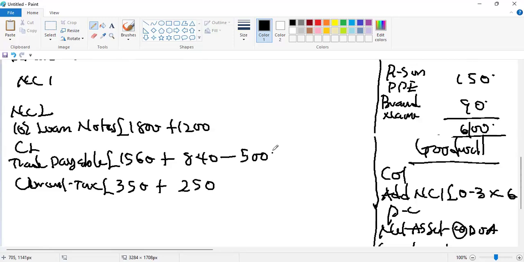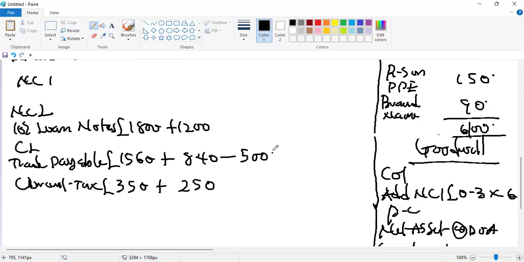Additional information 6: An impairment review carried out on 31st of March 2020 revealed that neither the goodwill arising on acquisition nor the intangible assets with an indefinite useful life has been impaired. So there was no impairment.